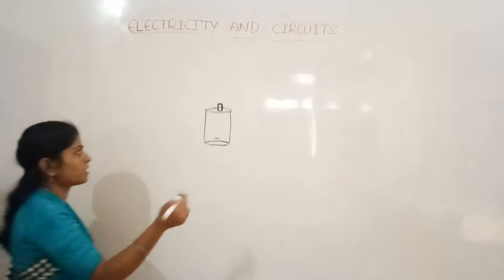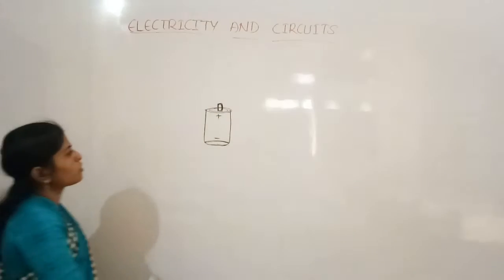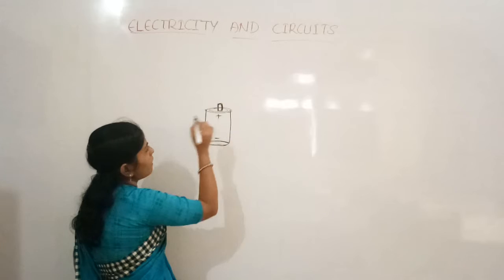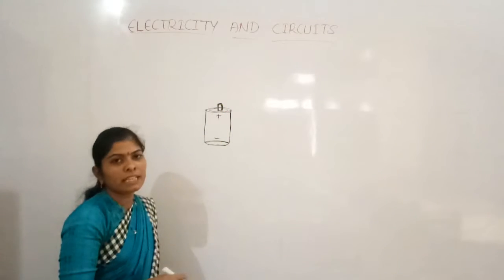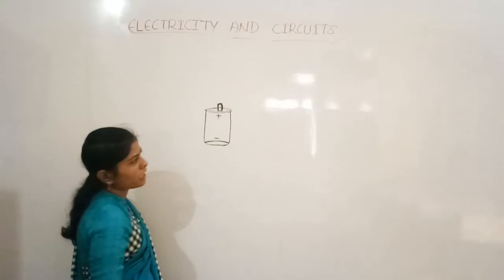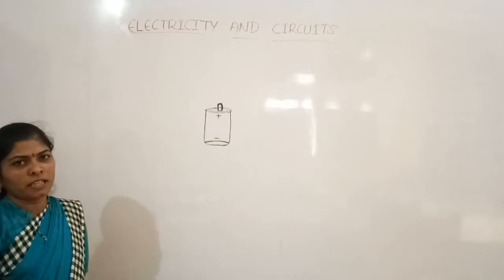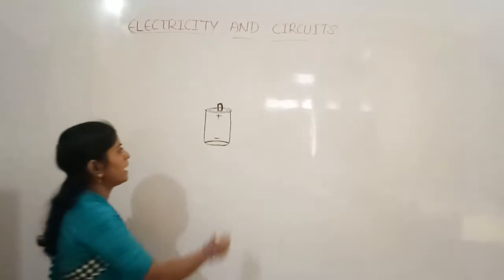So there are two terminals, one positive and one negative. The end which has the metal tip, we call the positive terminal, and the metal disc is called the negative terminal.